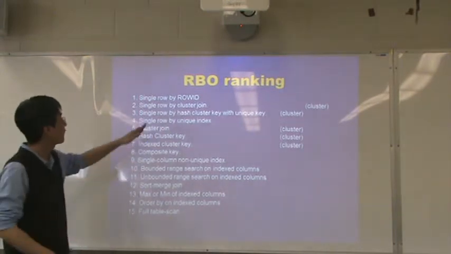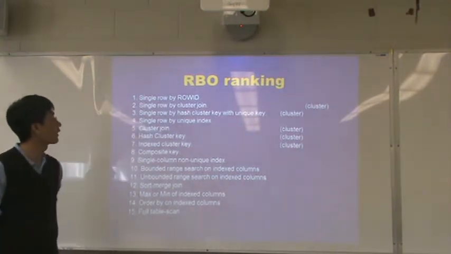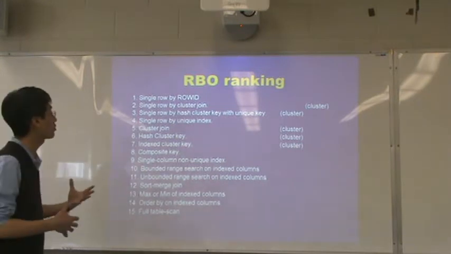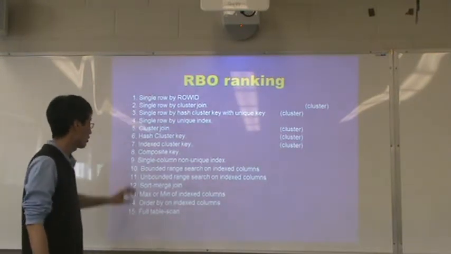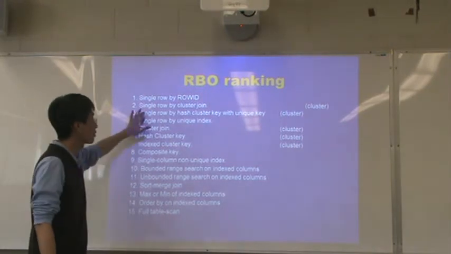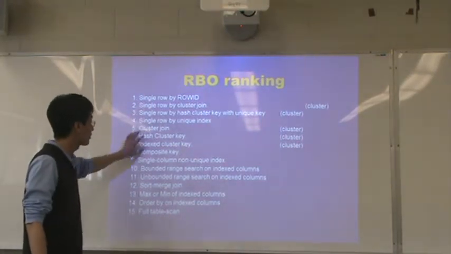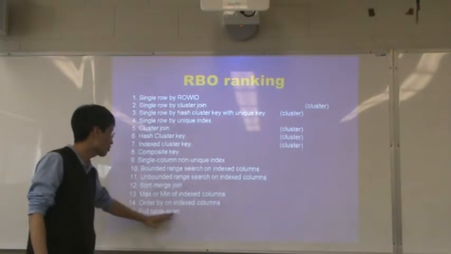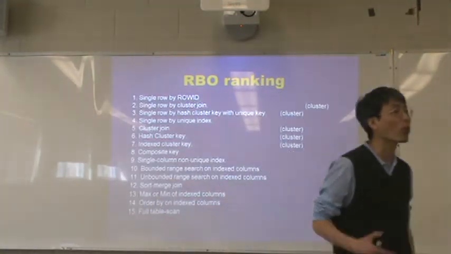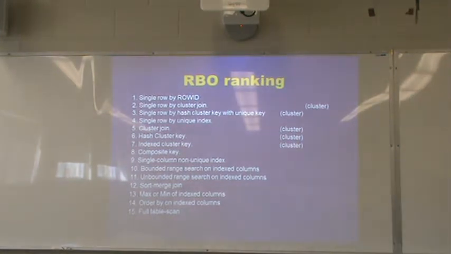If your query includes a cluster join, you can apply the cluster join. The next one, otherwise apply this one, if possible you can apply this. Eventually, the last option is a full table scan. That doesn't mean the full table scan is the slowest way to access the data.